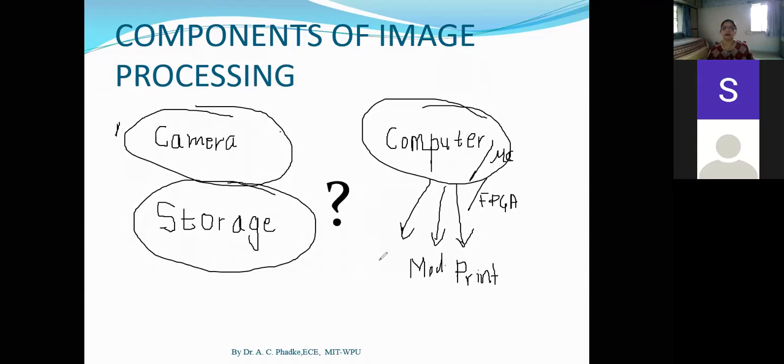And if you want to record it, you need a recorder. Or based on the image contents, if you want to take a certain decision, like whether to accept the object or reject the object, you need some control mechanism in your system. So these are a few additional components required in your image processing system.